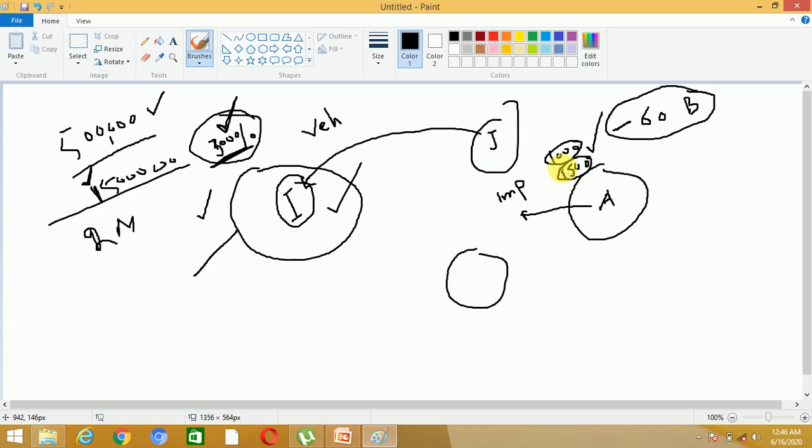The importers will not import these products. They will import less. So maybe our imports come down from 60 billion to 55 billion. Why? The government increased restrictions on these goods or services.